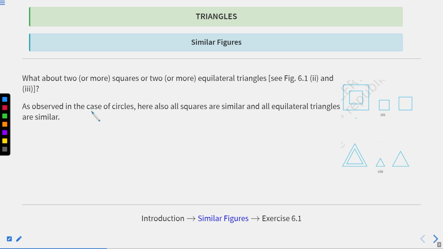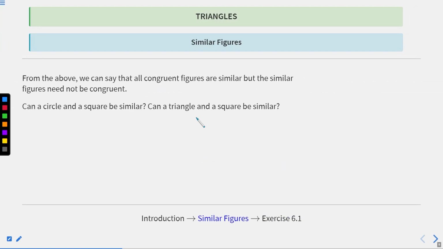As observed in the case of circles, here also all squares are similar, and all equilateral triangles are similar.